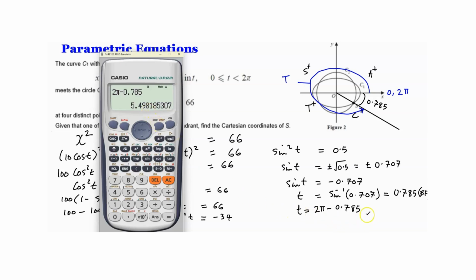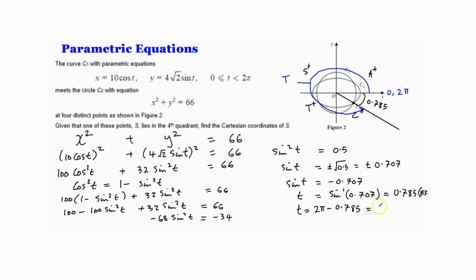So t equals 5.498. So now we have found the value of t. It means that we can write down our Cartesian coordinates. So what we're going to do then is to work out the coordinates of S.